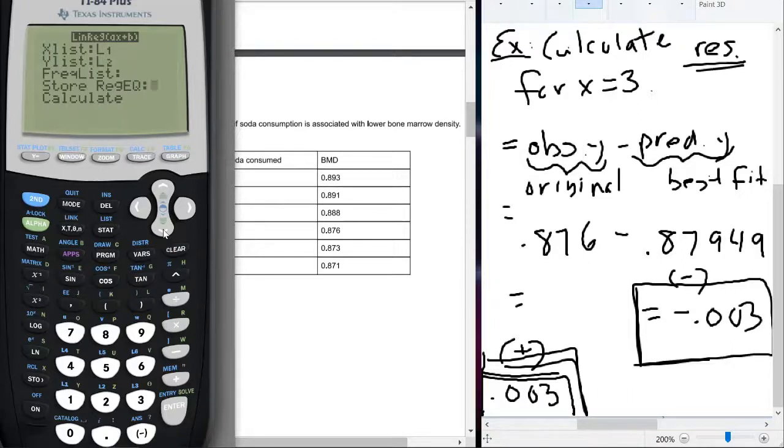Okay, so to do that, you'll hit vars, Y vars, number 1, and press enter on the Y1, and what you'll see is that Y1 will be stored as the regression equation. From there, you're ready to calculate, and then you have your best fit line.